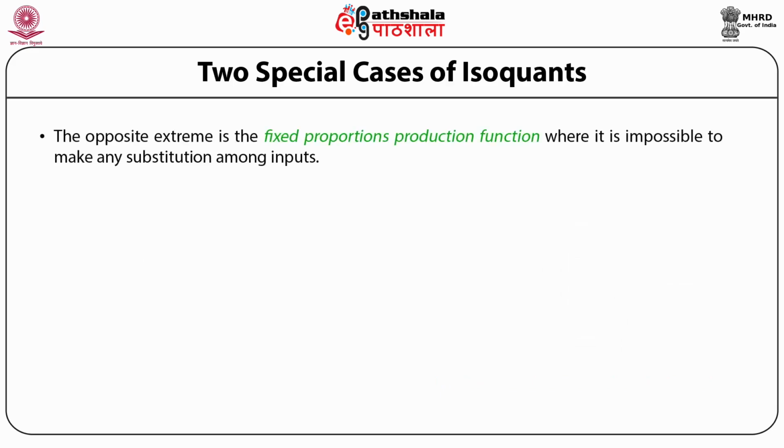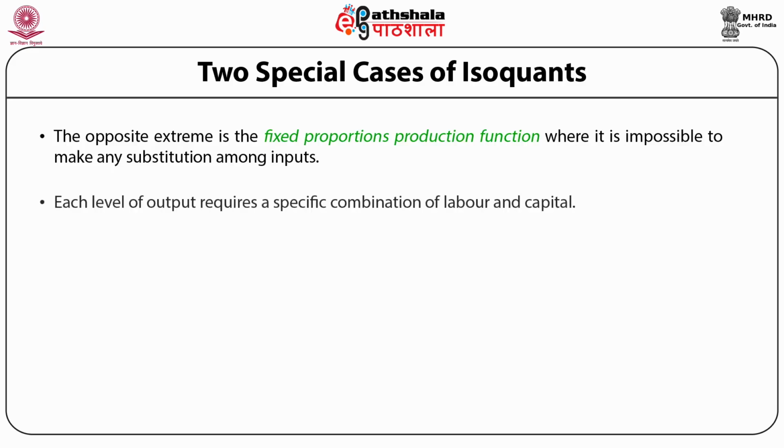The opposite extreme is the fixed proportion production function, where it is impossible to make any substitution among inputs. Each level of output requires a specific combination of labor and capital.